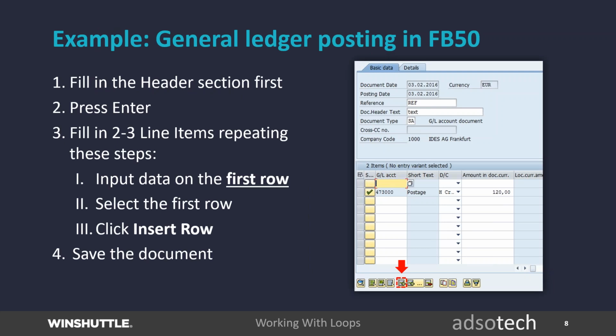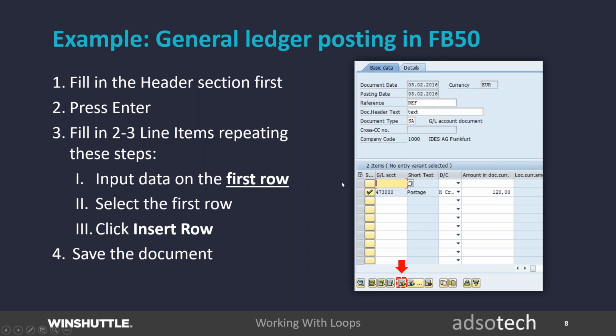Here's an example of a general ledger posting in FP50, a financial document, where the steps are as follows. Instead of adding data on the second row like we saw in the sales order example, in this case we want to add data on the very first row of the table, and fill in whatever fields we need here.